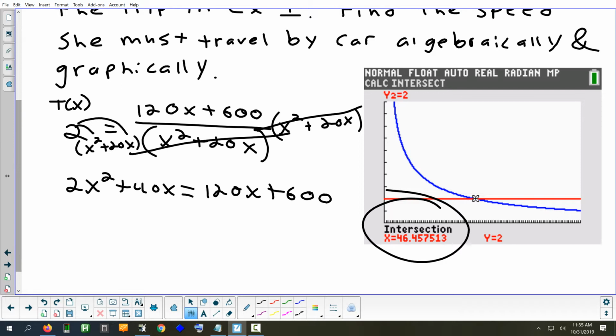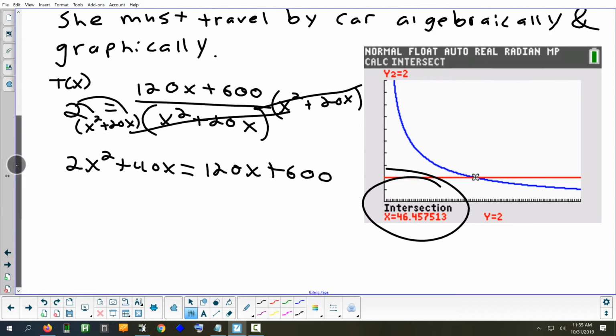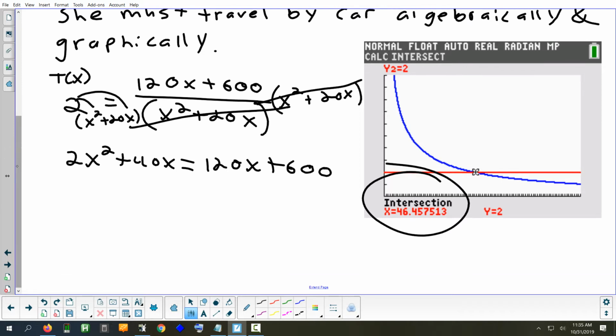Now, if you look at that, we don't have any fractions left. What kind of equation is that, basically? Focusing on the highest exponent. Yeah, it's a quadratic. So when we want to solve a quadratic, what do we always get it equal to? Yeah. 0. Let's get it equal to 0.